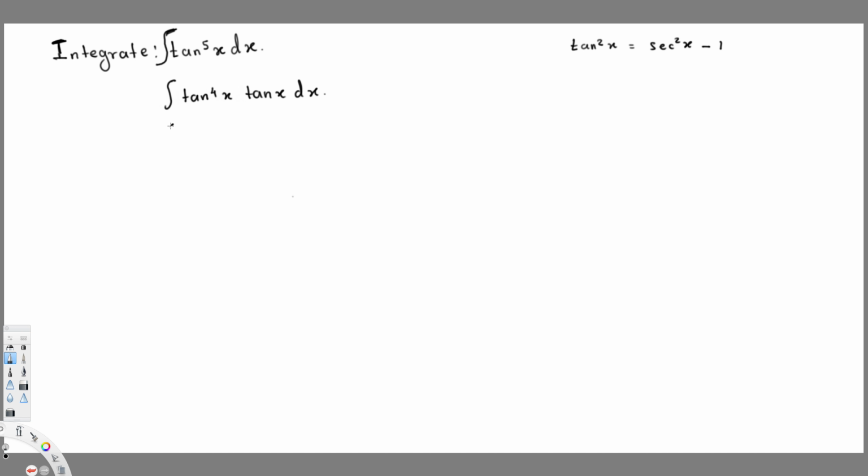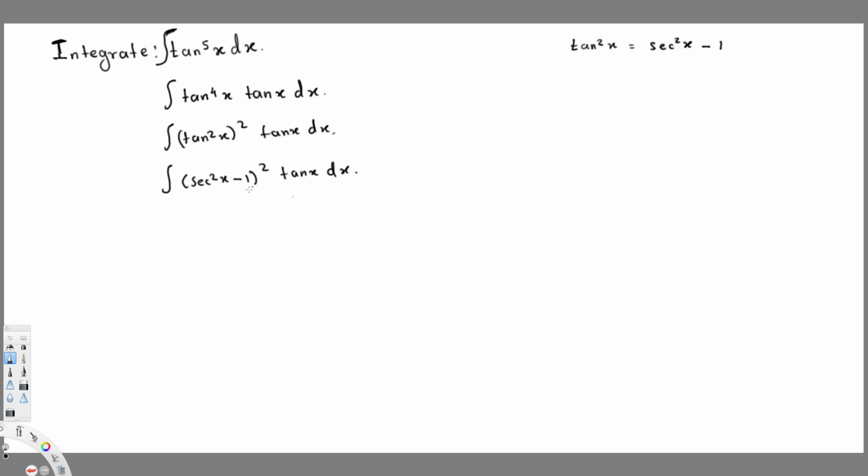I can do that by taking tan square x, squared, times tan x dx, right? And if I do that, now I can replace this one. So this is going to be sec square x minus 1, whole squared, times tan x dx.